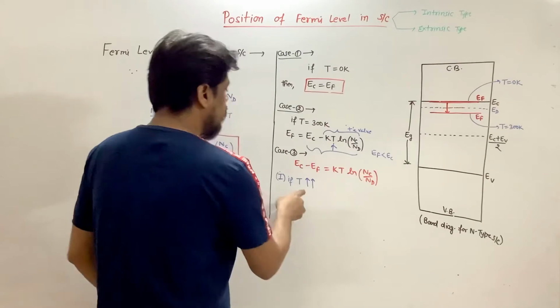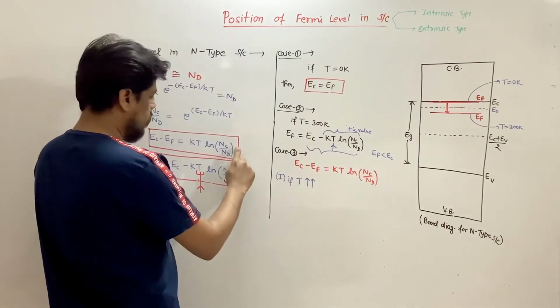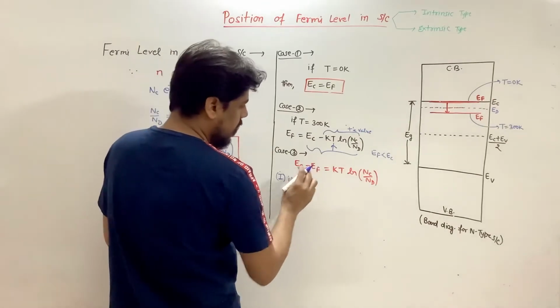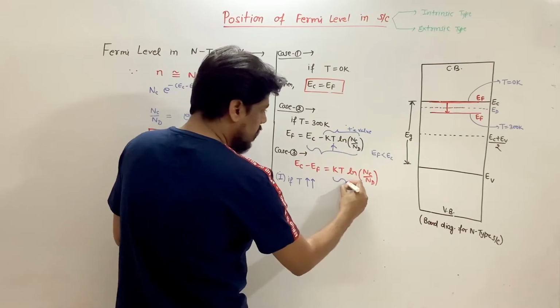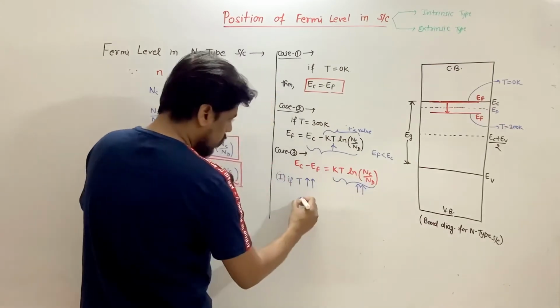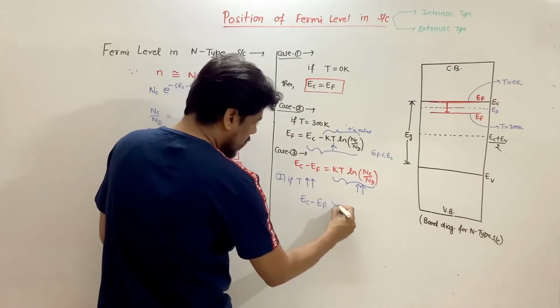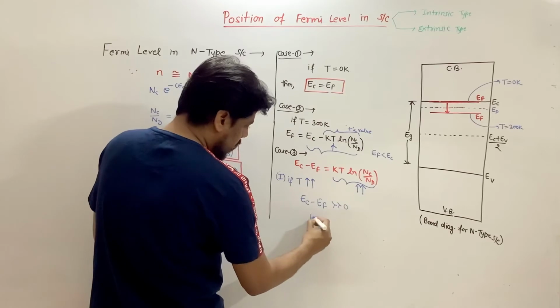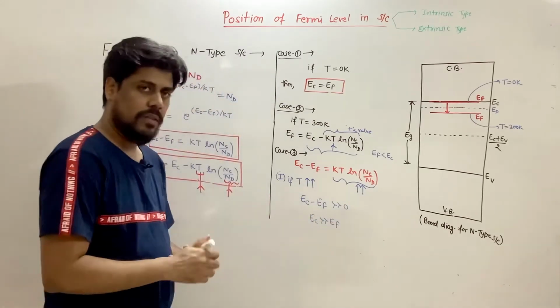If we increase temperature more than 300 Kelvin, you can use the first formula I wrote here. If the temperature increases more and more, this factor increases more and more, so Ec minus Ef is greater than 0. Ec is far greater than Ef.